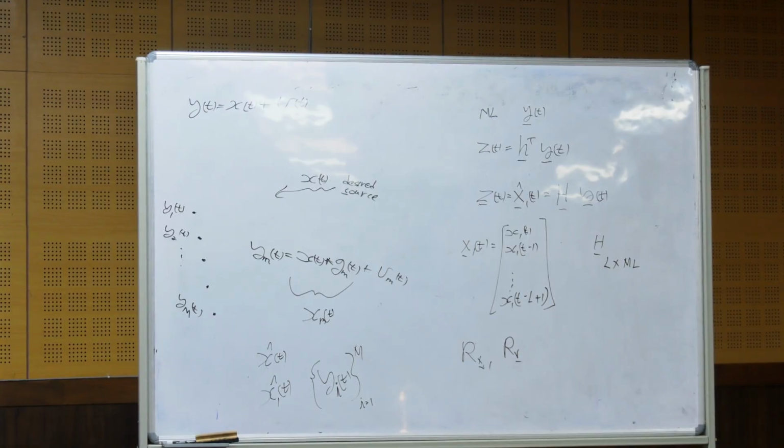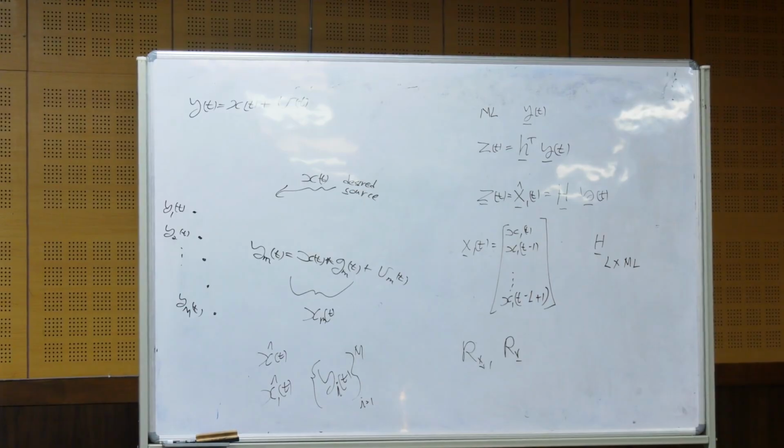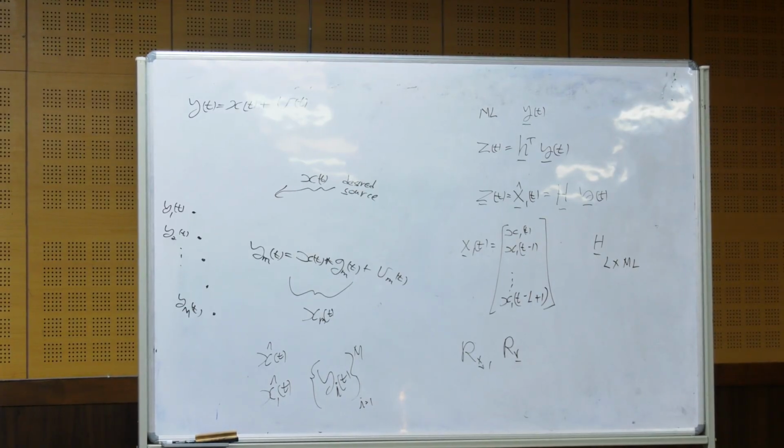And then instead of deriving the matrix H, we can derive the matrix A and simply multiply it with T transpose.